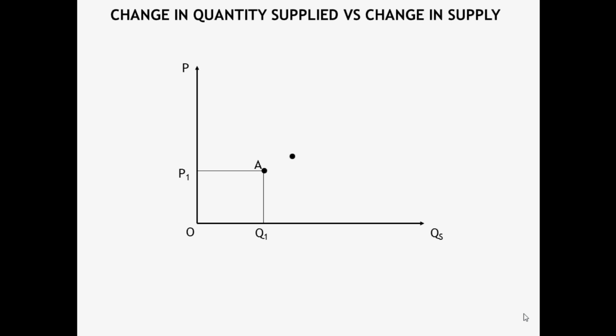If we move from A to B, price increases from P1 to P2 and quantity supplied of the product also rises from Q1 to Q2. Joining these 2 points, we can get the supply curve S1.